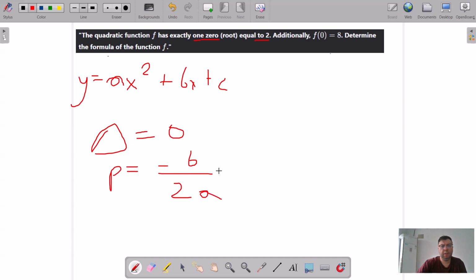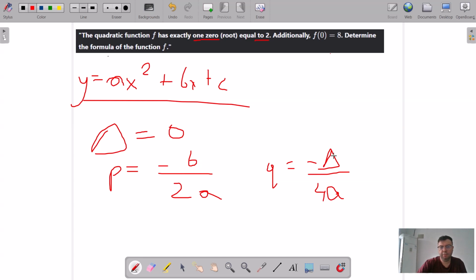And q equals minus delta divided by 4a; these are the coordinates of a vertex.